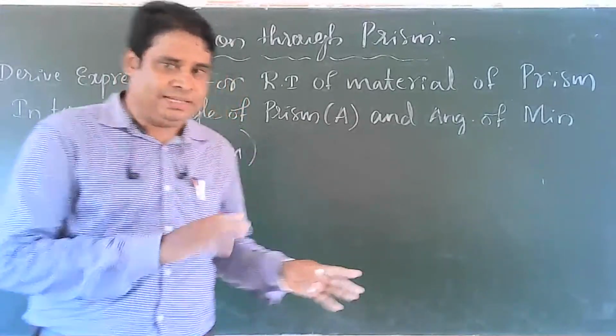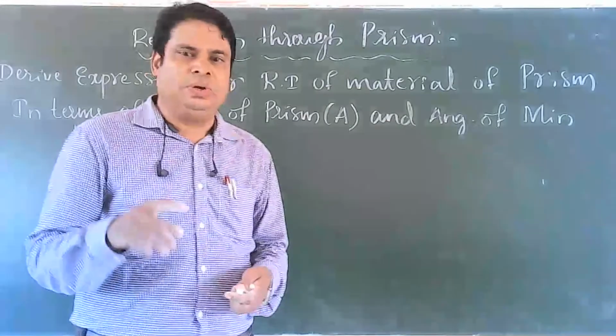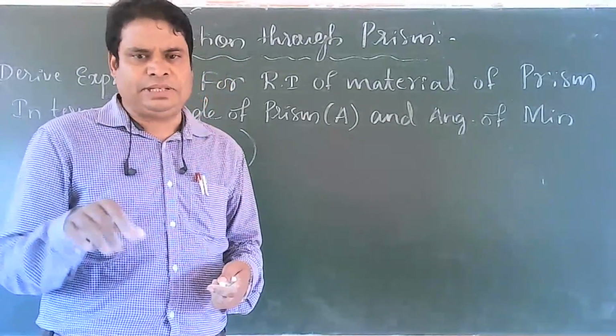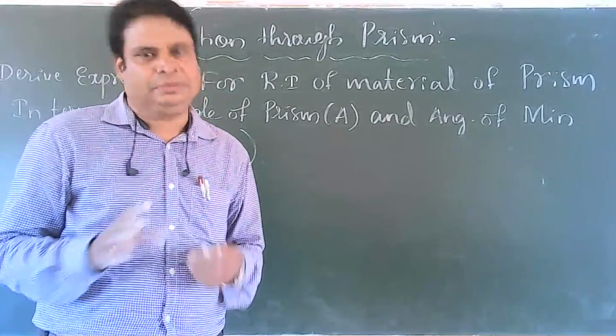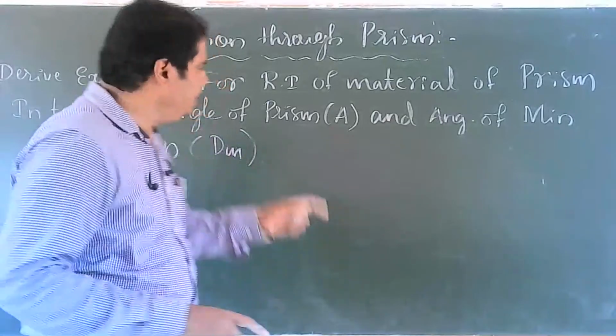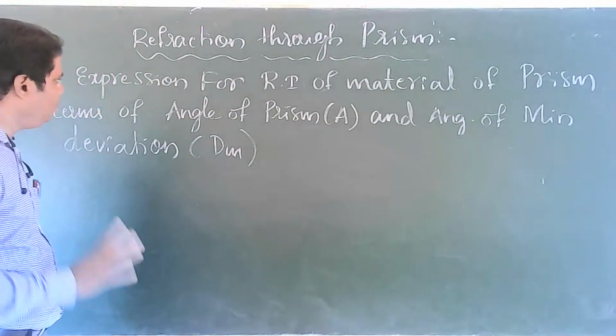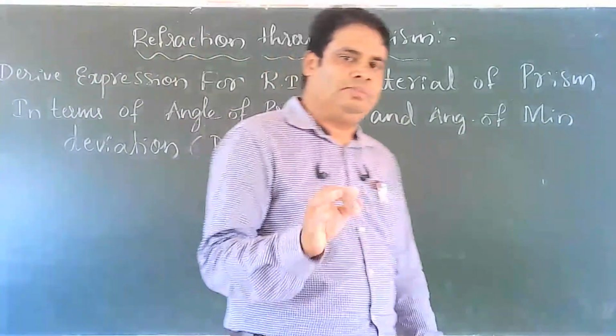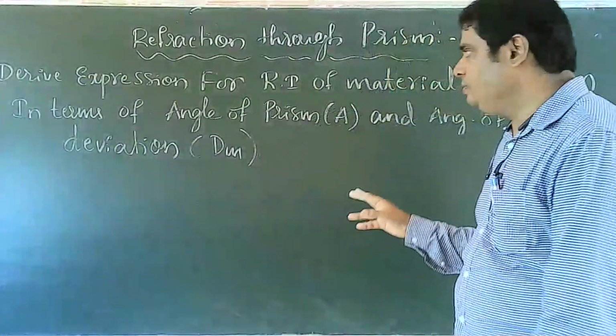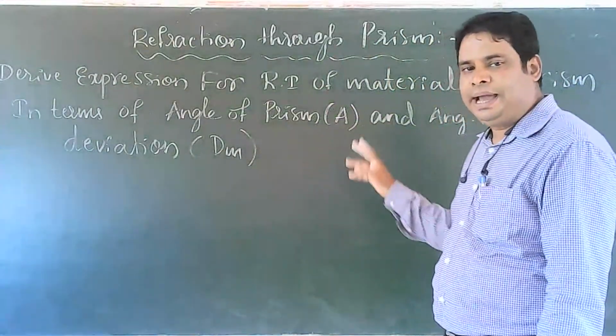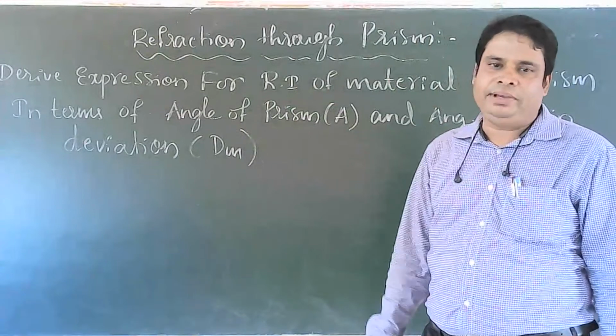Please remember, we usually say n equals sin((A + D)/2) divided by sin(A/2). Simply we say that, but the question will be in this form: derive an expression for the refractive index of the material of a prism in terms of angle of prism and angle of deviation.